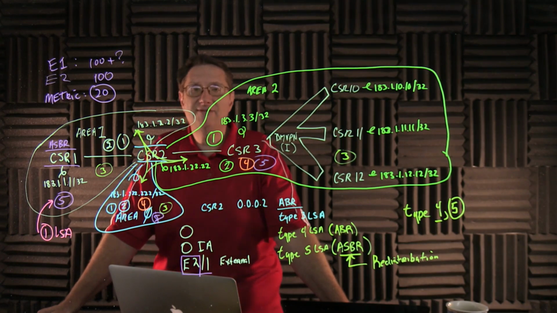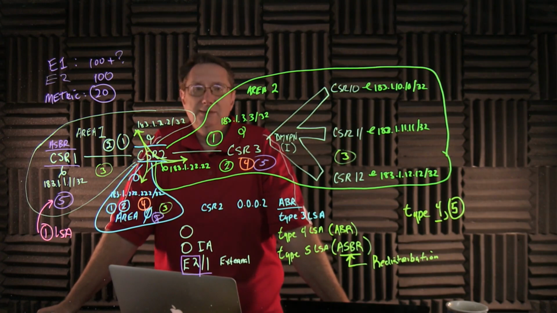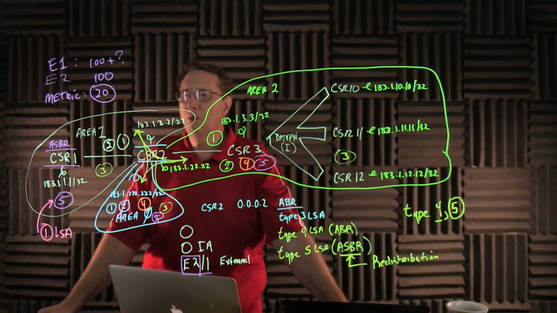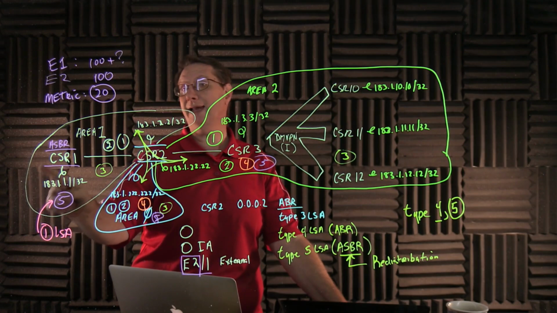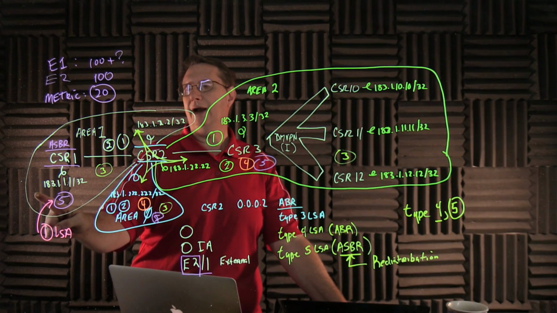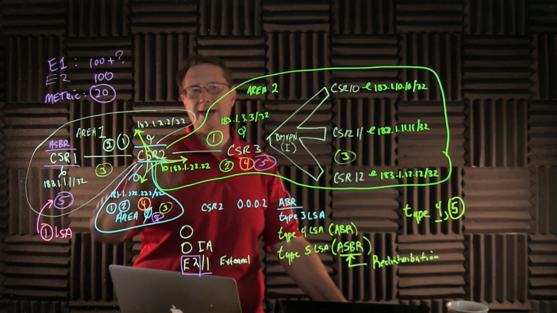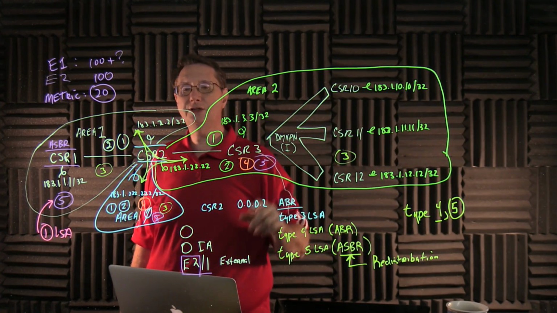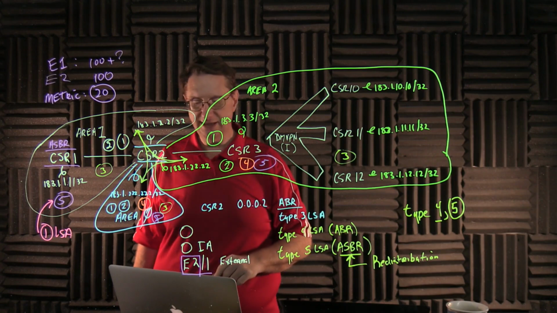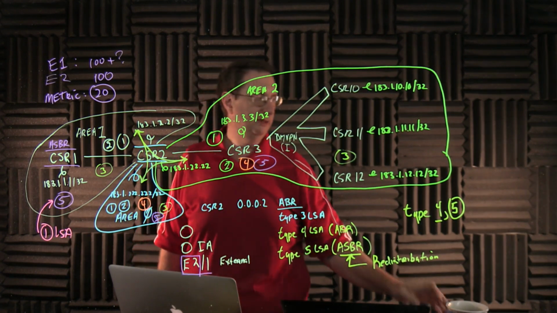And since I don't need a type 5 address, don't even bother sending me a type 4. So we're going to stay with this particular configuration, but I am going to demonstrate how I can take area 1, leave it the way it is, and make modifications in area 2 such that area 2 is going to ignore these type 5 LSAs. All right, so let's see how that magic happens in the next video.